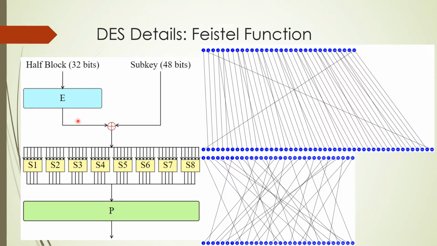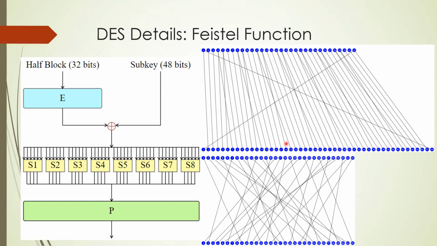And the E block, which is basically the function used for changing half of a block in every round of the Feistel mechanism, is represented here. So this is the E block.